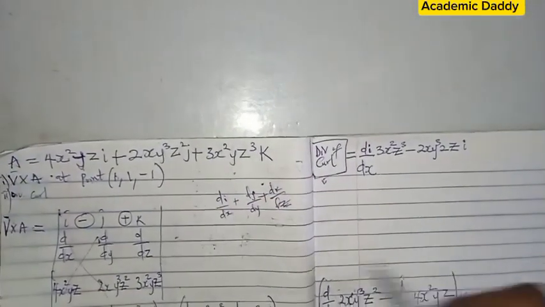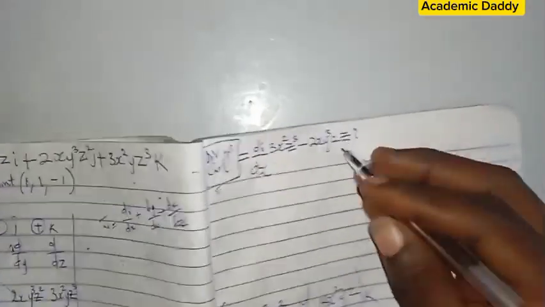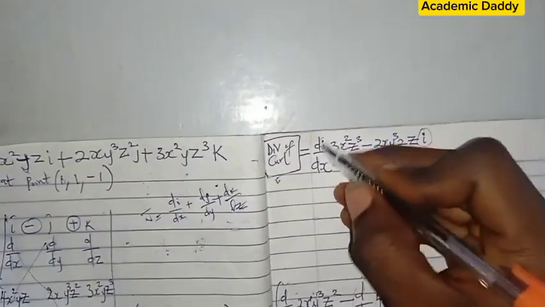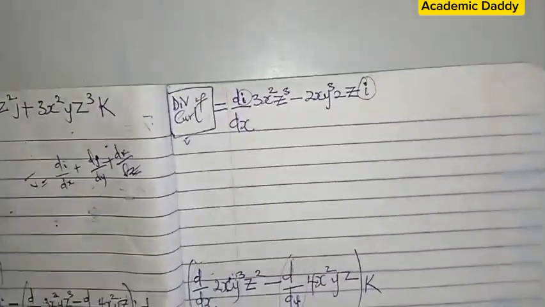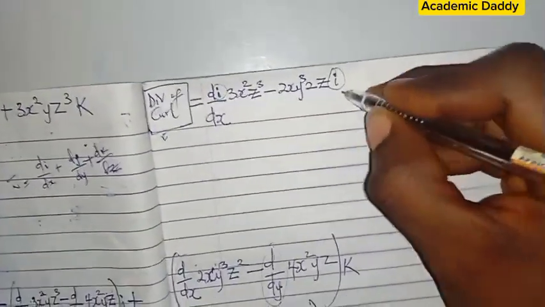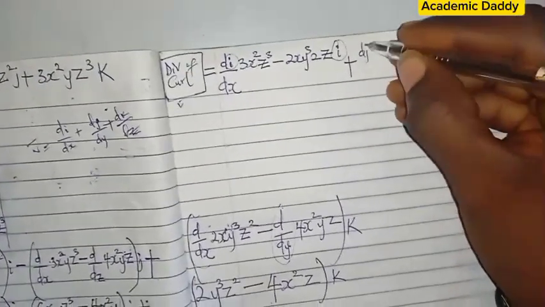This is the formula for our derivative. So when you put this now, you see that I and I will cancel out. That is why divergence is a scalar quantity. Then plus this thing that we have here, divergence of this is going to be the j with respect to the y. Then put your 6x.